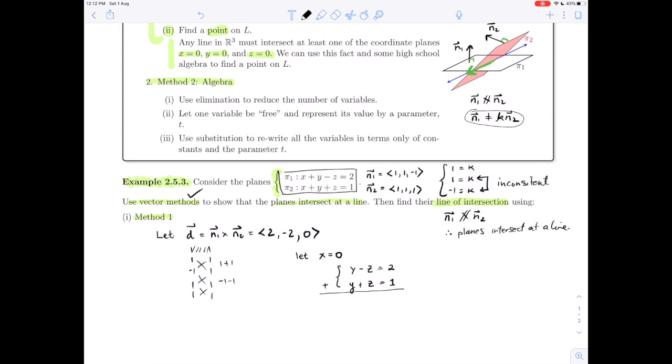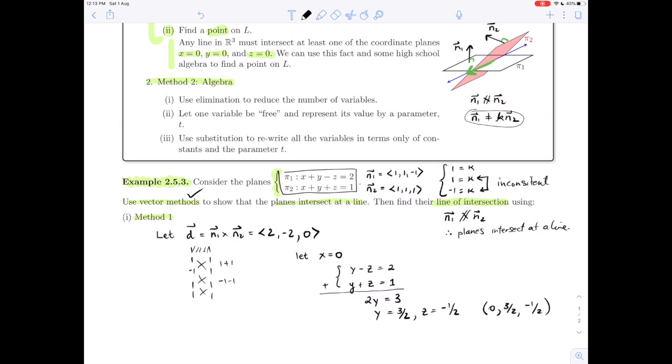I'm going to add the two equations together so that I get 2y is equal to 3 and y is 3 halves. And then substituting that back in, I see that z has to be equal to minus 1 half. So since x was 0, then what we have is a point 0, 3 halves, minus 1 half.